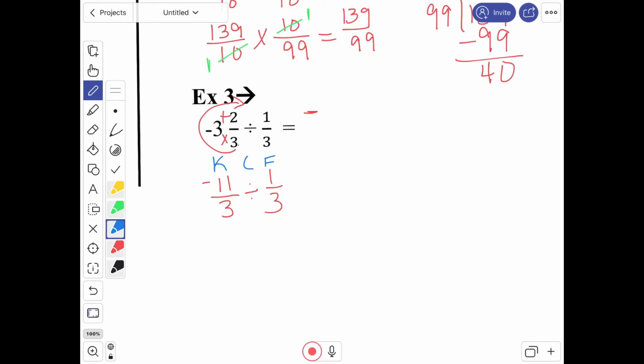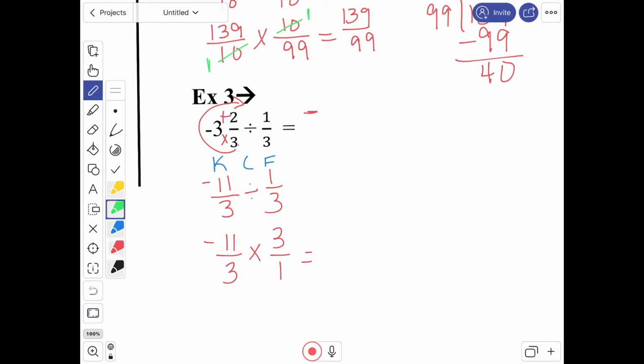And now I need to do the keep, change, flip. If you'll do around the world first before you start changing it, then you won't get yourself confused. Because a lot of times students get mixed up on flipping the next fraction. So keep 11 over 3, multiply, flip the second fraction.